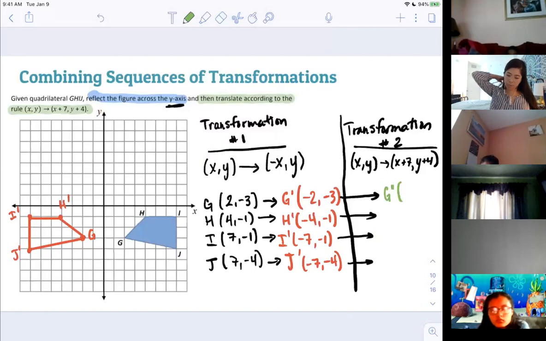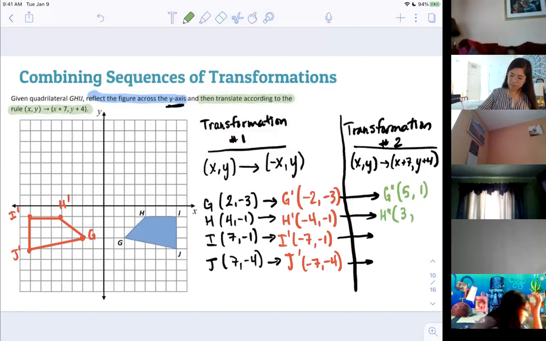So negative 2 plus 7 is 5. Negative 3 plus 4 is 1. Negative 4 plus 7 is 3. Negative 1 plus 4 is 3. I prime. Negative 7 plus 7 is 0. Negative 1 plus 4 is 3. And then J double prime, negative 7 plus 7 is 0.